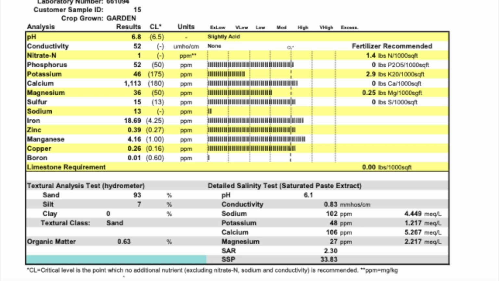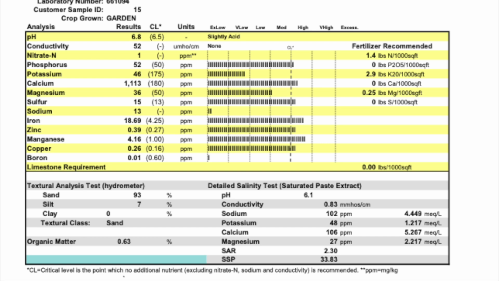On our soil test, it shows 1 to 5 parts per million is what we're looking for. Calcium at 106 parts per million, and for us, it's normally 40 to 80 parts per million.